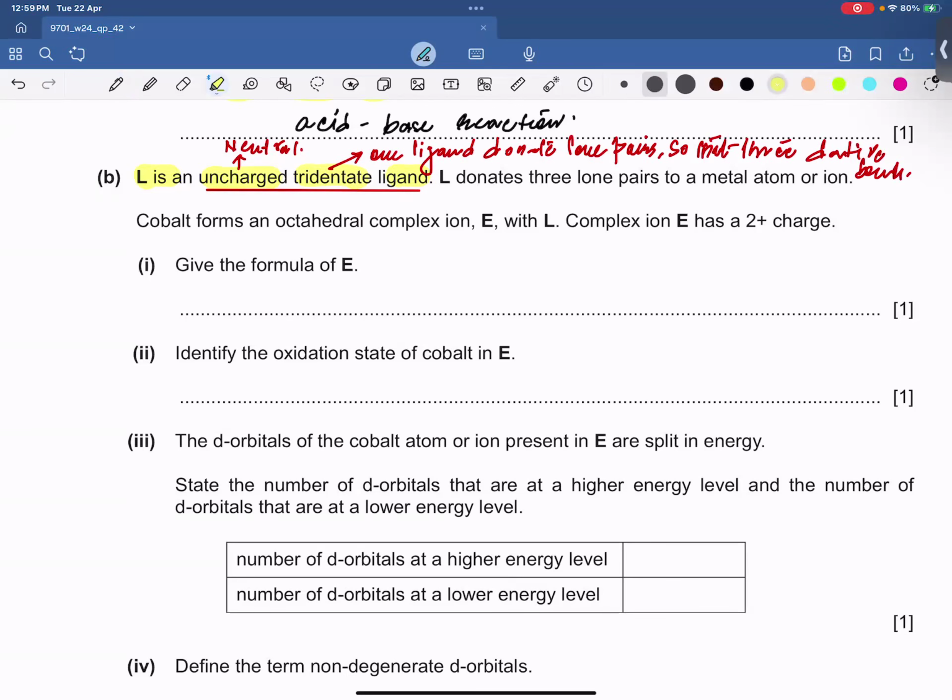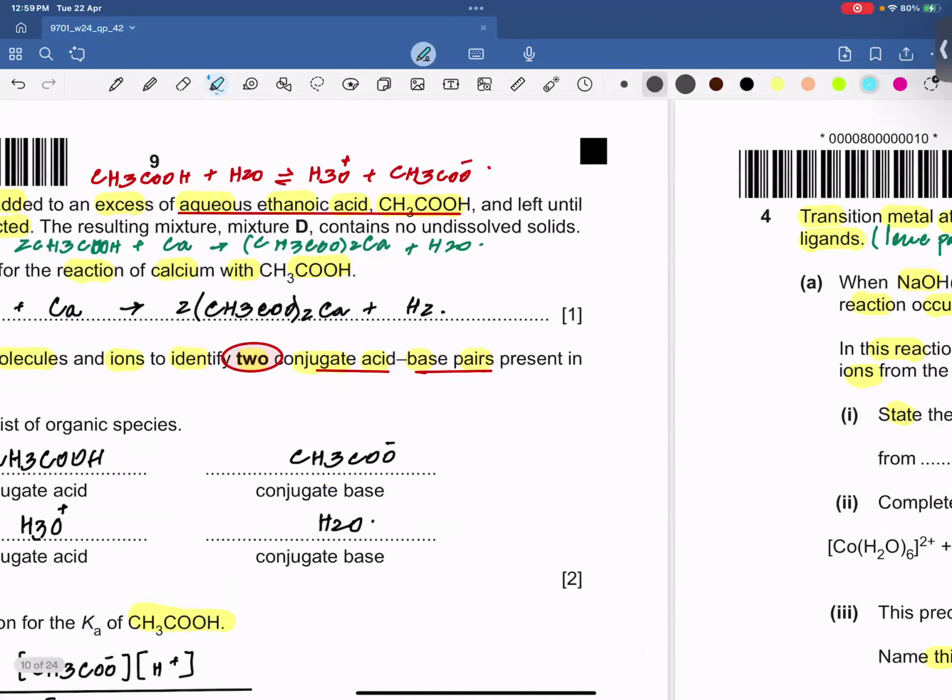Okay, that's exactly the examiner's statement. Okay, my bad.